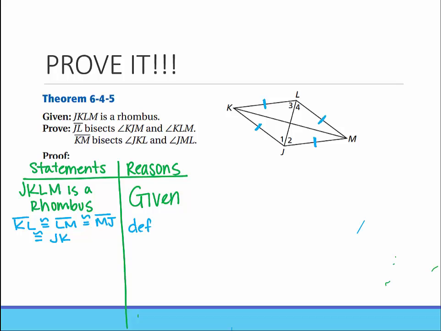And that's the definition of a rhombus. And now once we know that, take a look at what we have here. We've got a bunch of triangles. So if I want to talk about some bisecting things here, I'm going to use the reflexive property and say that JL has to be congruent to JL.